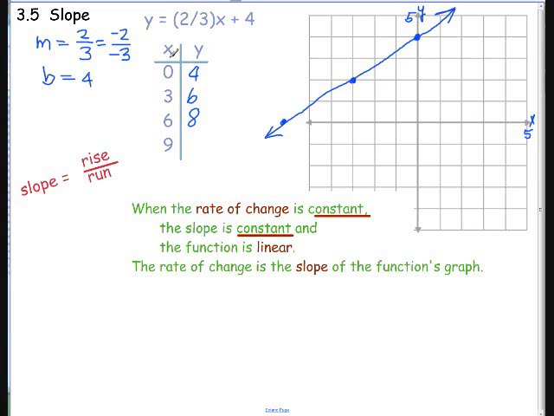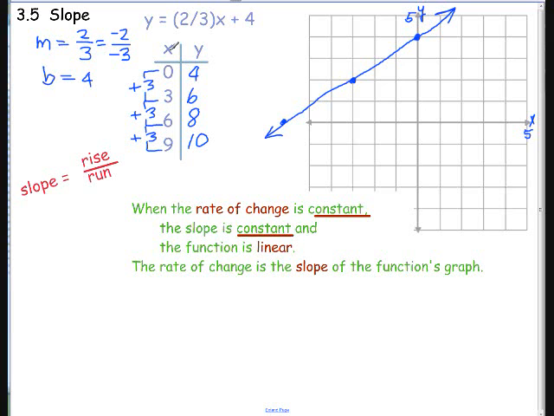What is the value of y when x is 9? 10. Now, one of the things you might notice is as we go from 0 to 3, we are increasing 3. And as we go from 3 to 6, we are increasing 3. And as we go from 6 to 9, we are increasing 3.